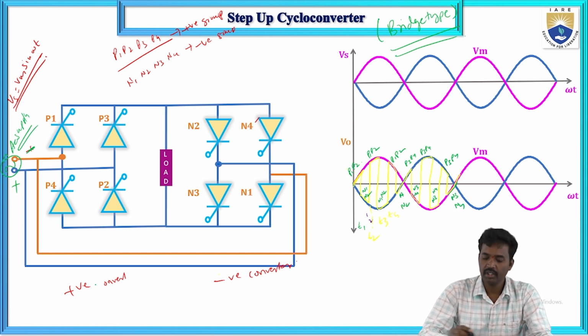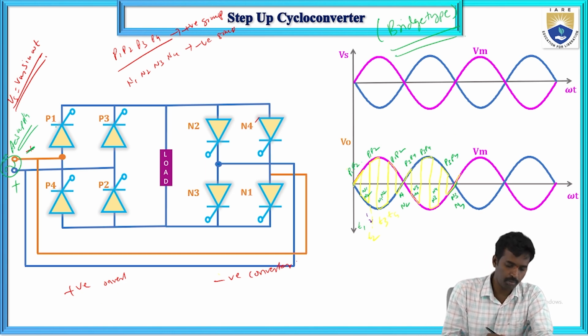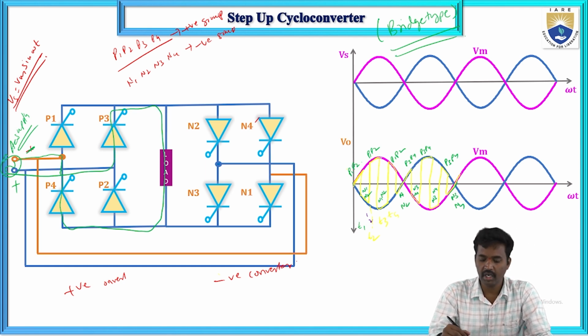If you give the negative supply to this one, now this is the negative. Negative supply is given, so first P3 and P4 switches will conduct at this point.